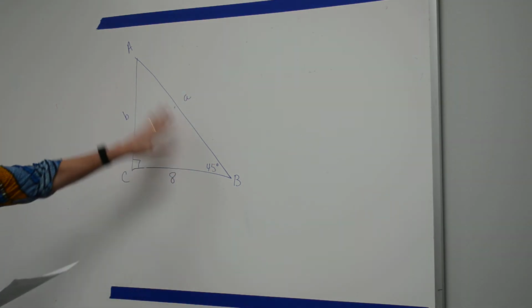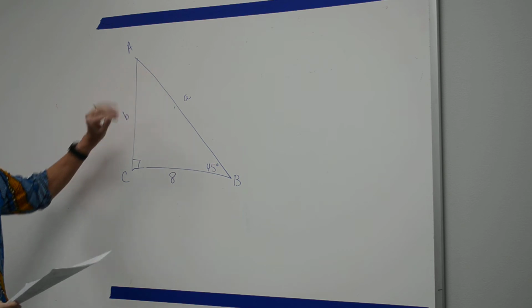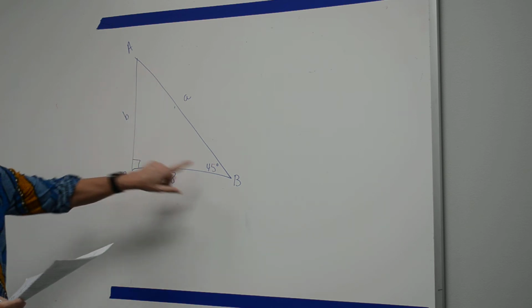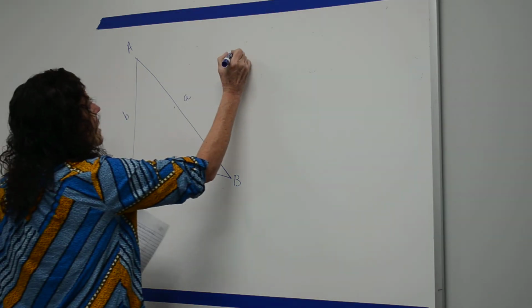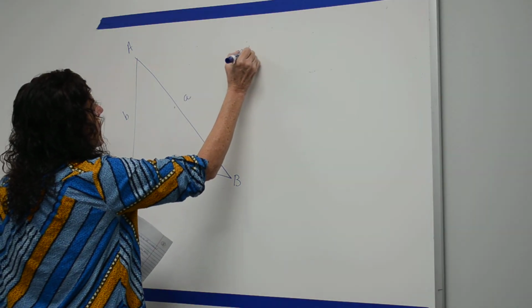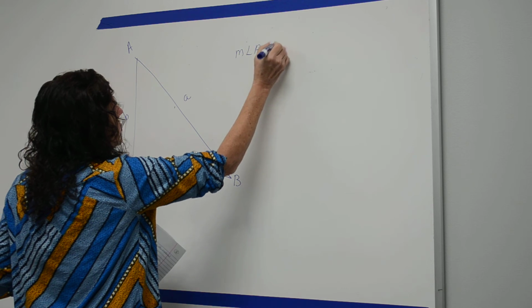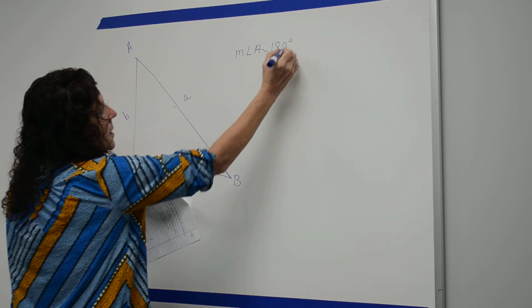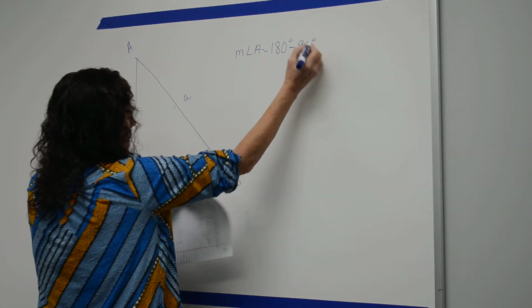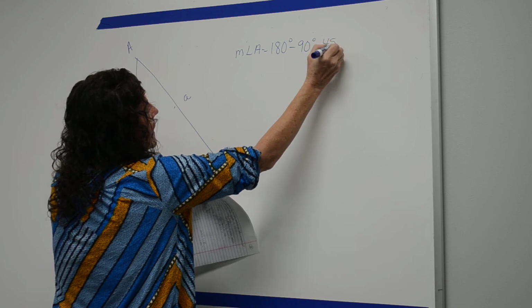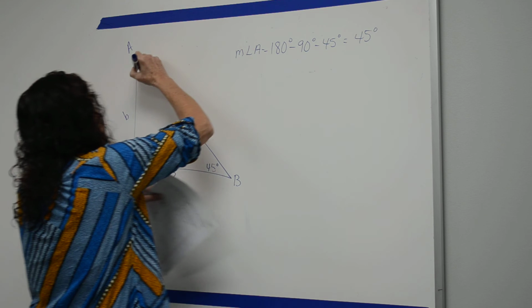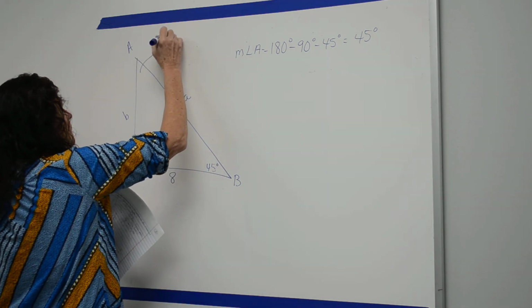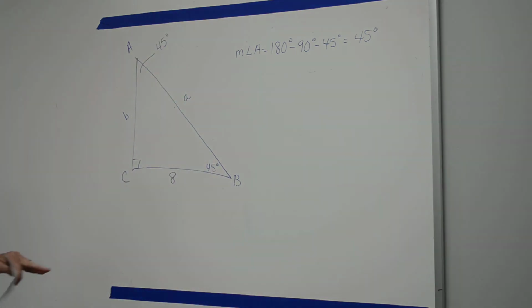The first thing I would do is solve for that angle. This angle plus this angle plus that angle equals 180 degrees. So the measurement of angle A is 180 minus 90 minus 45, which gives me 45 degrees. I know that without using any trig.